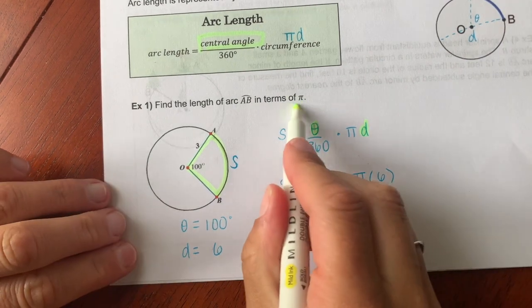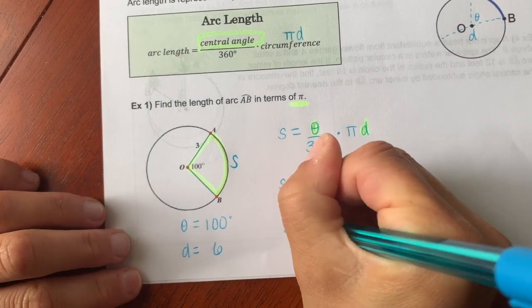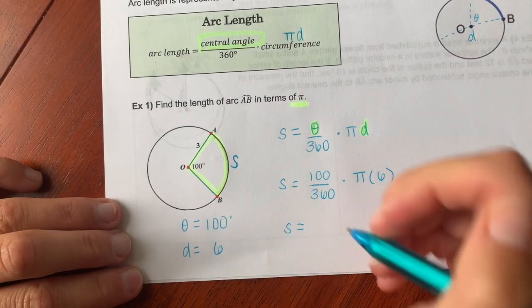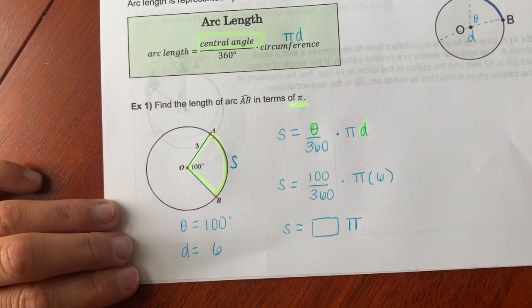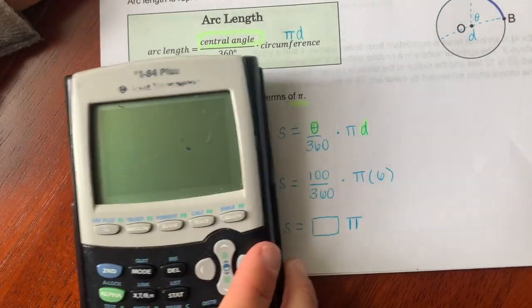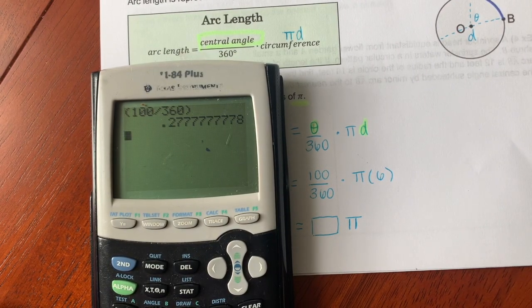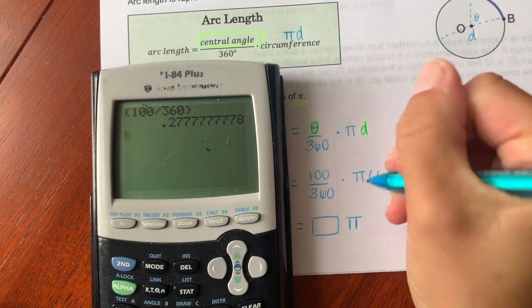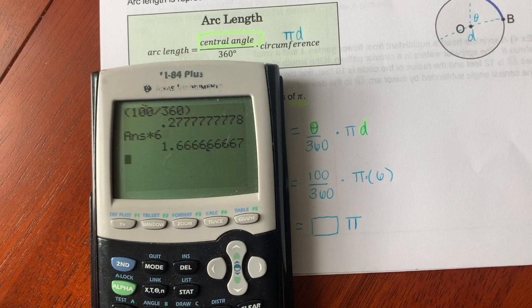Now we're leaving this in terms of pi, so you're going to have some number in front of pi. To get that number, type in 100 over the 360, and the number that's left, since everything here is multiplication, is that 6.